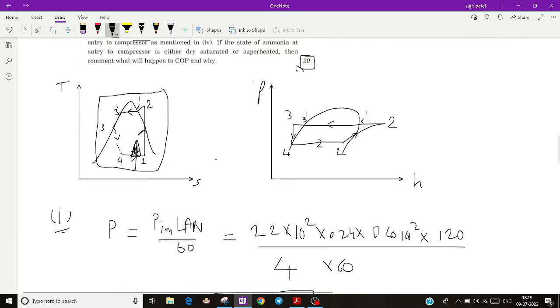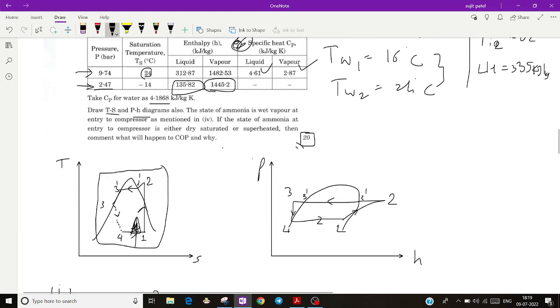At the end of the question, there is one other thing they have asked: if the state of ammonia at the entry of the compressor is either dry saturated or superheated, then comment on what will happen to COP and why. Here we have the given data with a dryness fraction of 0.83.